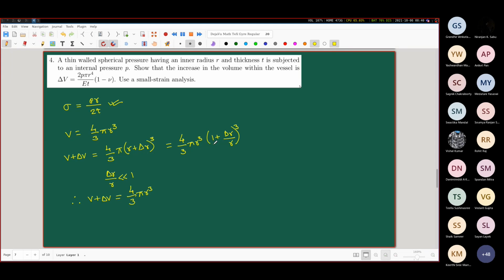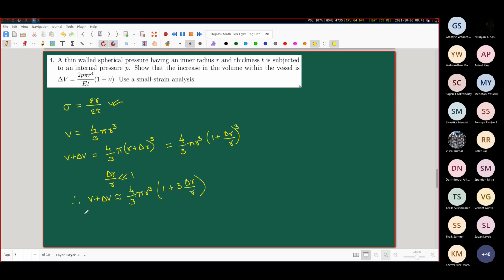So what will this be up to the second term? 1 plus delta R by R, cubed. 1 plus 3 delta R by R. Yeah. So this is not actually equal to, rather this is approximately equal to. So this is our thing.